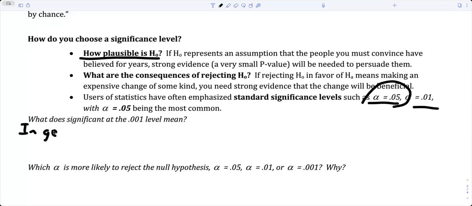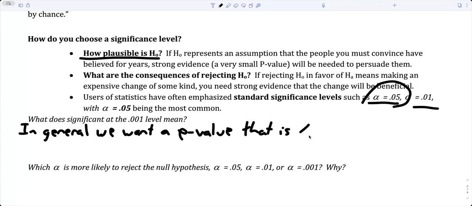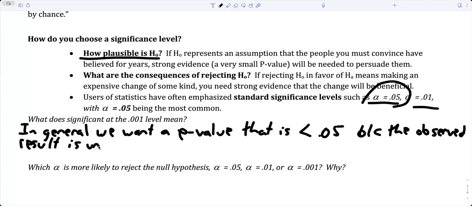So in general, we want a p-value that is less than 0.05, because the observed result is unlikely to occur by chance.